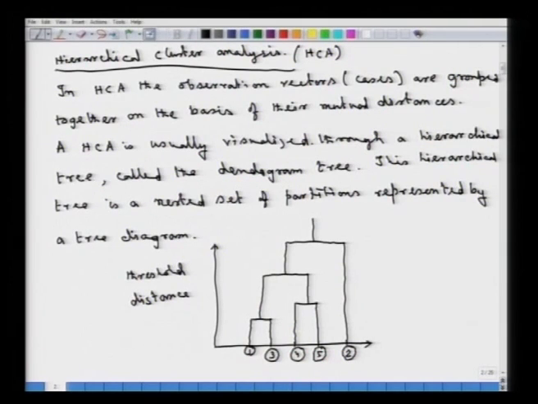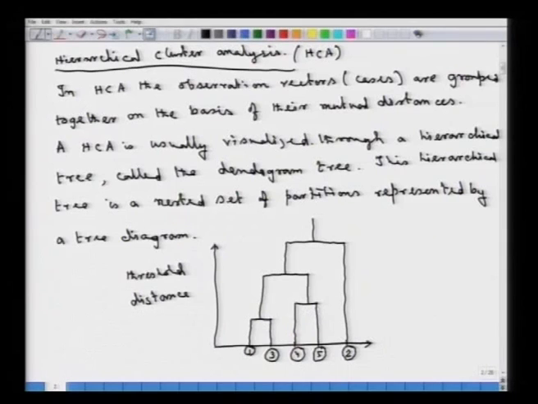A tree diagram which is the output of such a hierarchical clustering method looks like the following. It has the interpretation that all these cases are multidimensional.